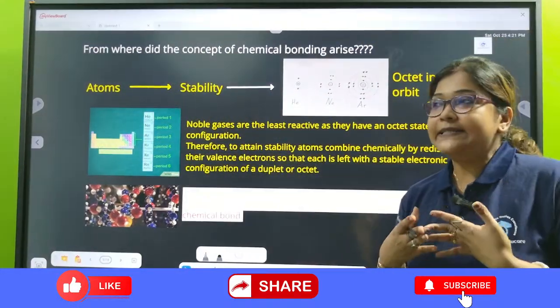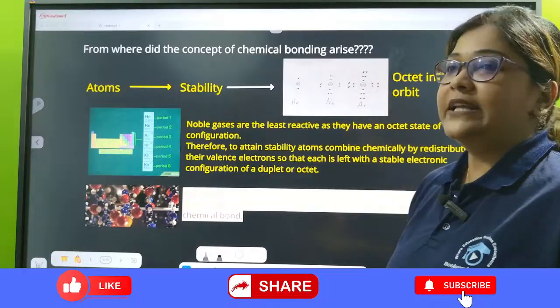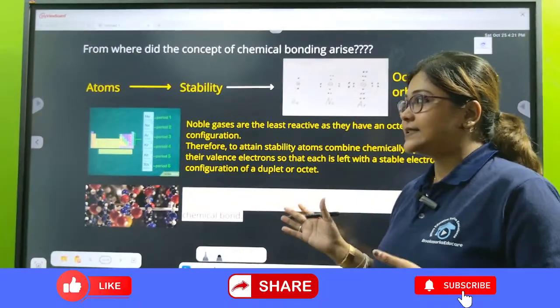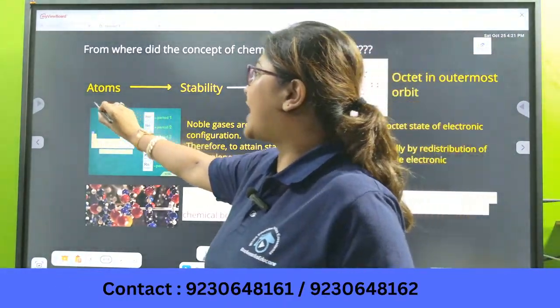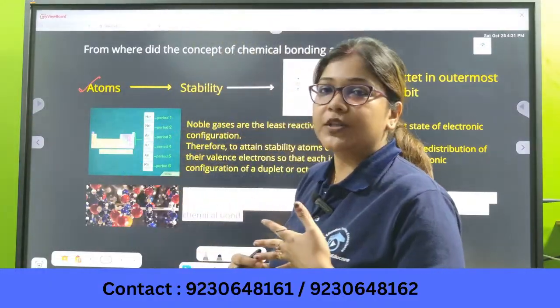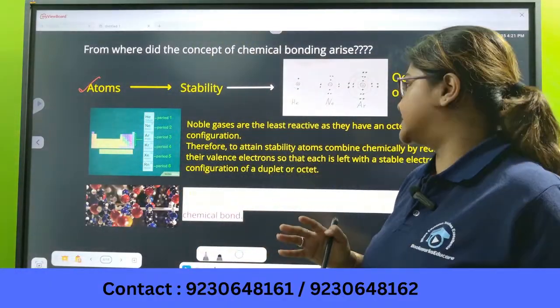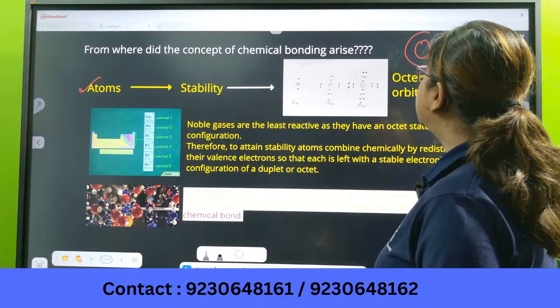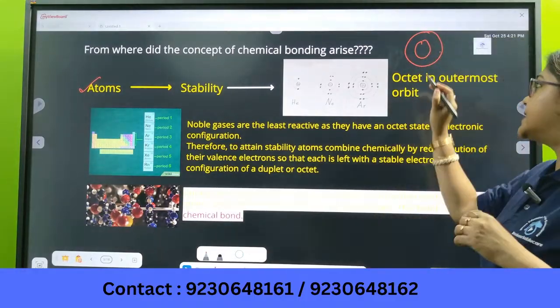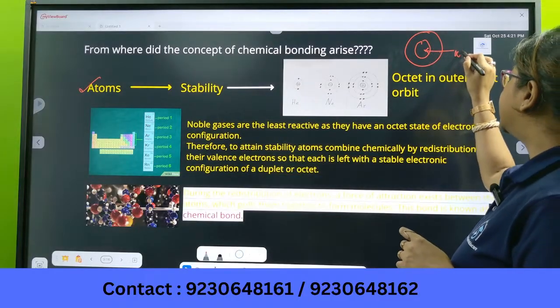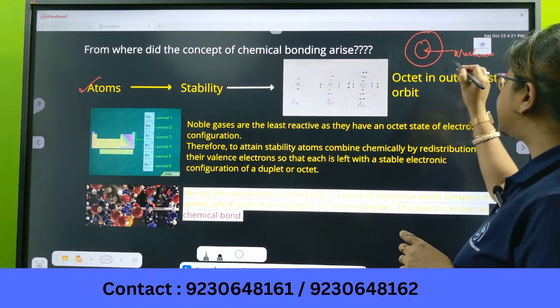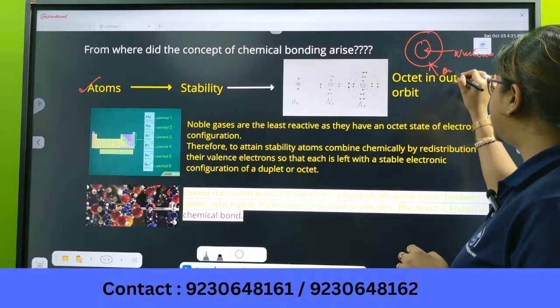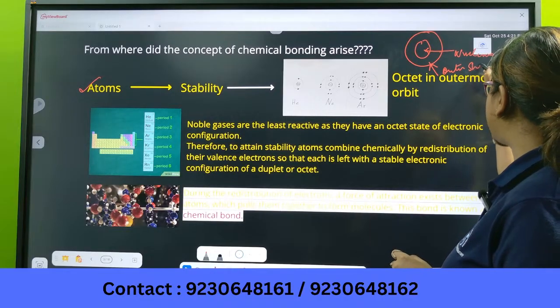Now, from where did the concept of chemical bonding first arise? At the beginning, you have to have a basic concept about what atoms are. Atoms are basically the smallest unit of matter. It consists of the nucleus and the outermost shell.